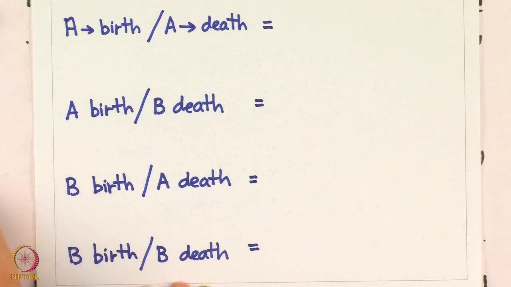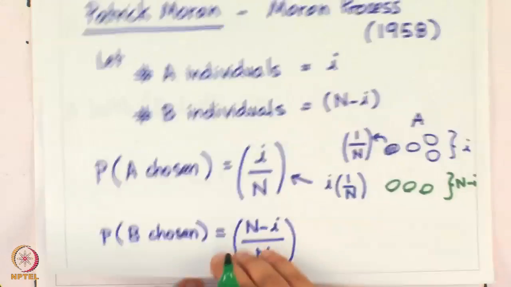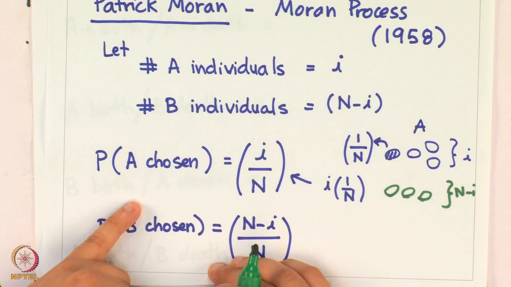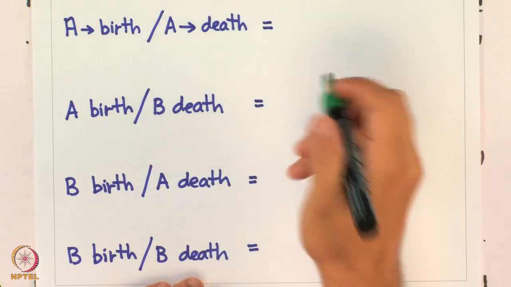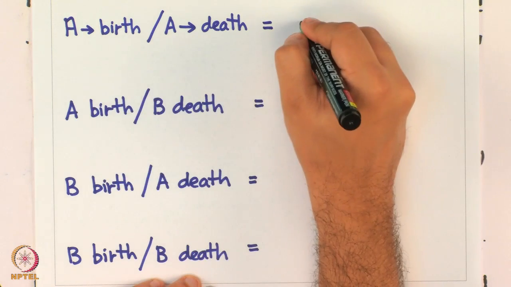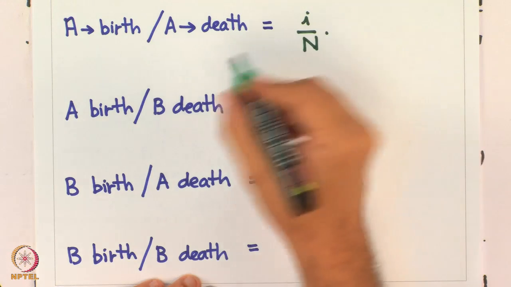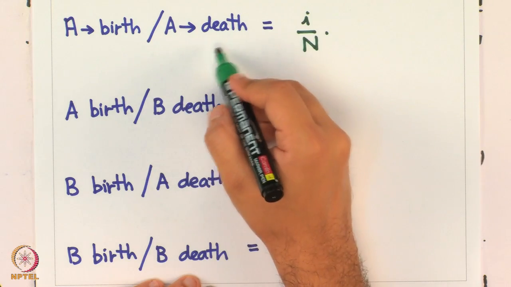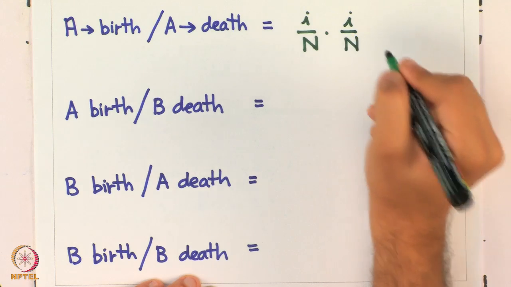Okay. So when I am selecting A for birth, what is the probability? I have already seen that the probability that I choose A is just equal to i by n. So the chance that I select an individual of genotype A for birth is just equal to i upon n, and the chance that I select another individual A for death is also i by n.